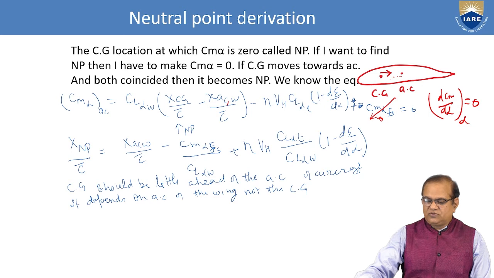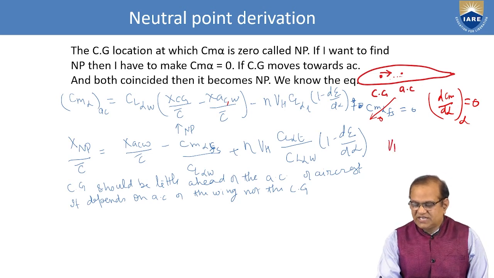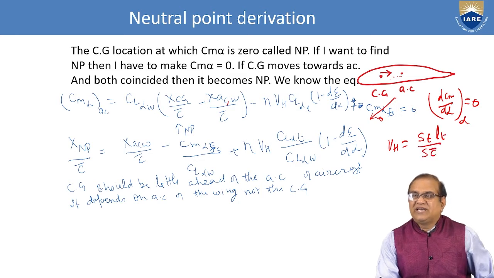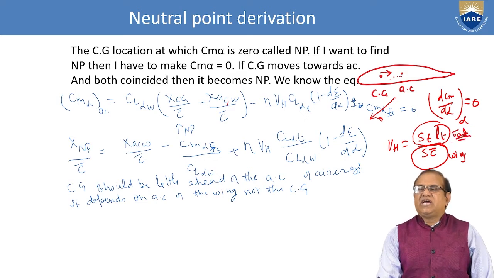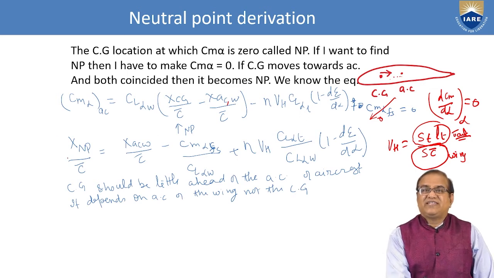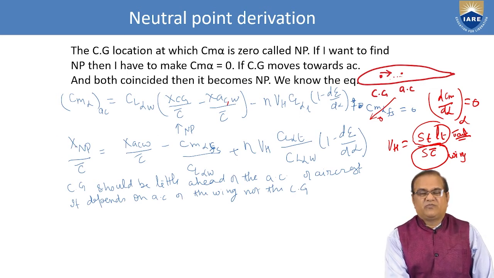VH is equal to ST LT by S C bar. So this is the volume ratio, the volume of the tail and the volume of the wing. This volume is very important, and by varying this VH, we can vary the position of the neutral point.